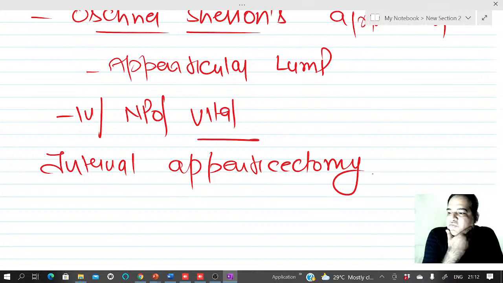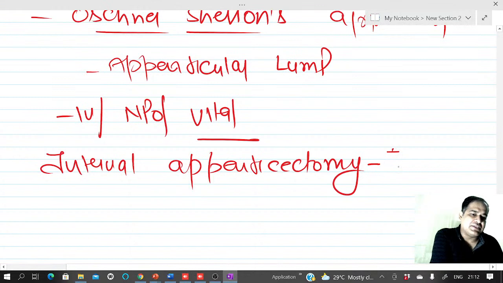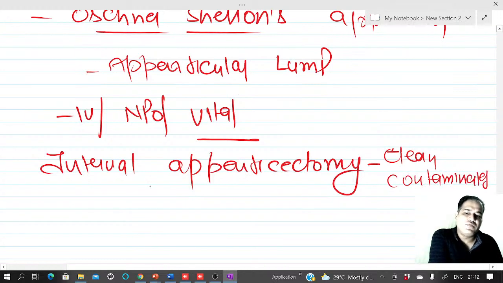What kind of surgical wound will form if we are doing interval appendicectomy? And what kind of surgical wound will form if we are doing appendicectomy after acute appendicitis? So interval appendicectomy will give rise to a clean contaminated wound, that is type 2.